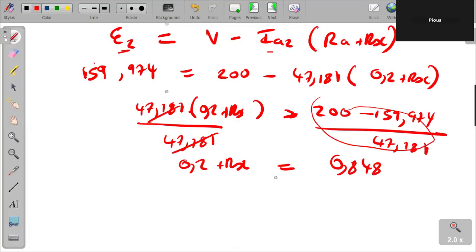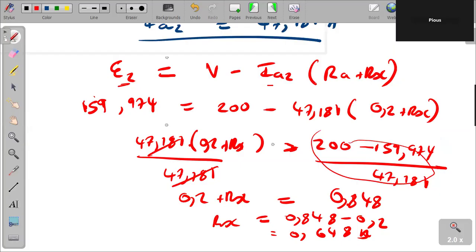And then we make Rx the subject by subtracting 0.2 from 0.848, and that will give us 0.648 ohms. That becomes the size of the resistor that must be inserted in series. It's very important: if we were told that it would be inserted in parallel, we would have made a product over a sum calculation here. But because it's in series, that's why we added them, right? So it's important to take note of that.